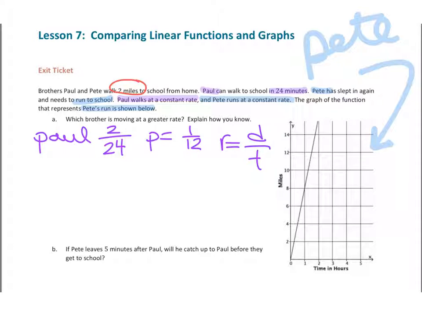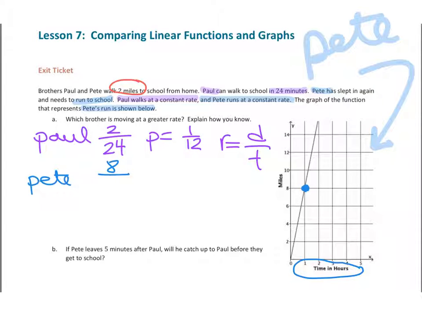Then let's look at Pete. For Pete, we can see here on the graph, there's really one specific ordered pair. Just marked it. Forward 1, up 8. So for Pete, his distance is 8 miles, but we don't want to put it over 1. Here's why. The graph says time in hours.